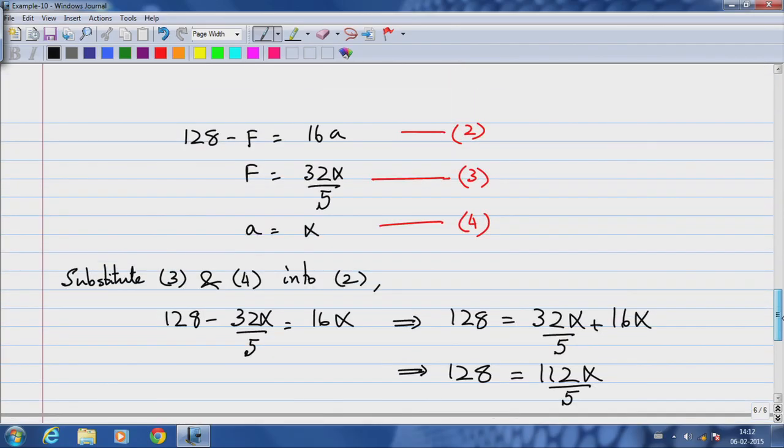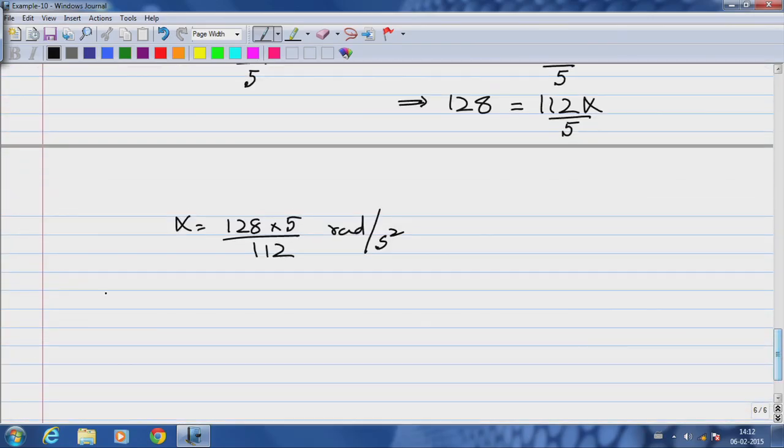Okay. So, from here I can calculate what f should be. f equals 32 alpha over 5.